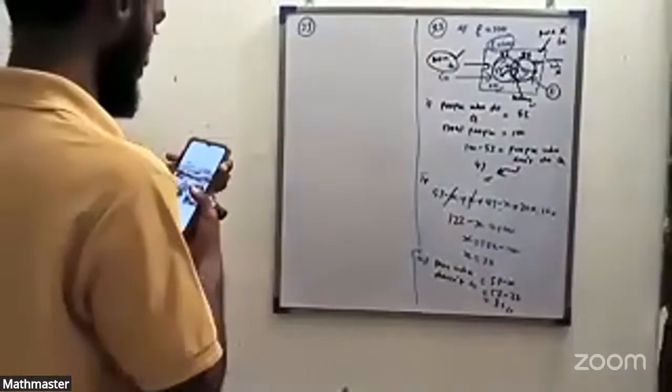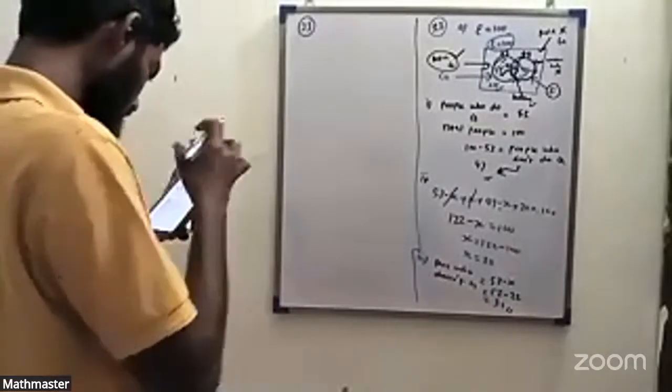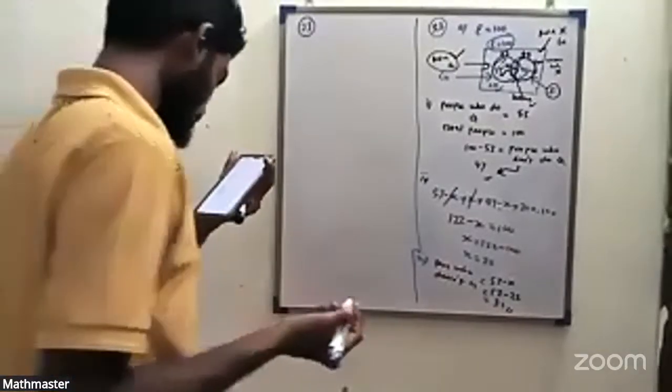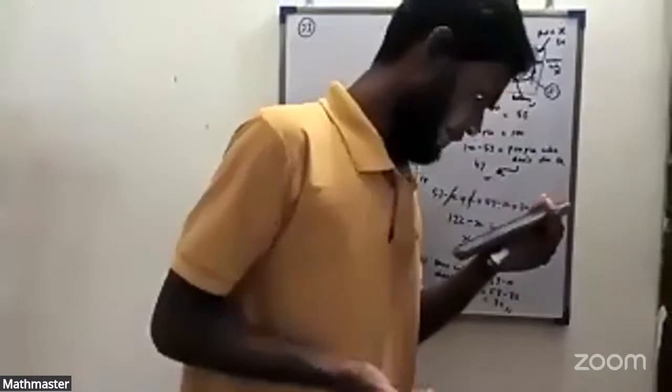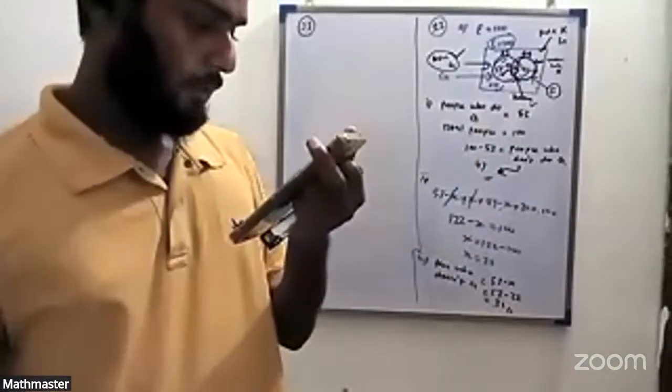Right. They have given us the elements 1, 2, 3, 4, 5, 6, 7, 8, 9, 10. A is 1, 4, 9. B is the even numbers between 1 and 10.